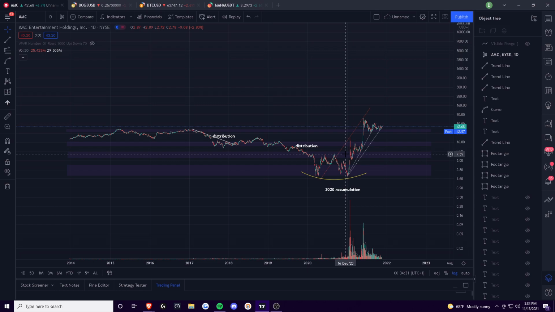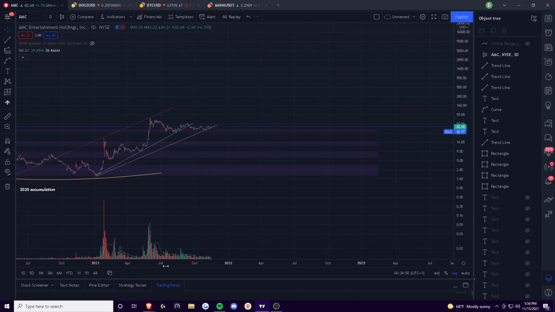If you're not familiar with this idea, normally a support that breaks to the downside then becomes resistance and vice versa. So now that we're above this all-time resistance line, if we've sat above it for a few months, it could be treated as a new support zone for the stock's price.